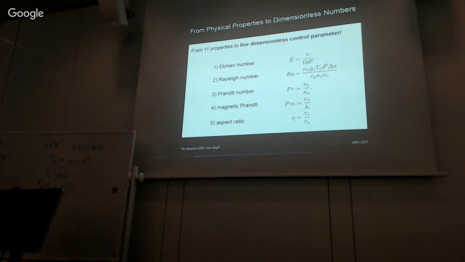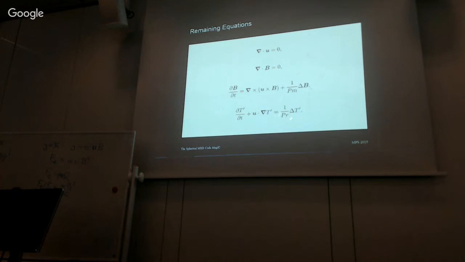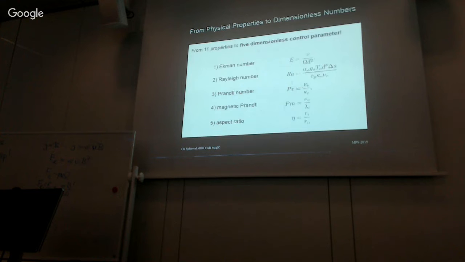And then Uli already introduced these dimensionless numbers that appear here, so Pm, Pr, and so forth. Now, if you collect all the dimensionless numbers left over that actually control your code, there are just 5.